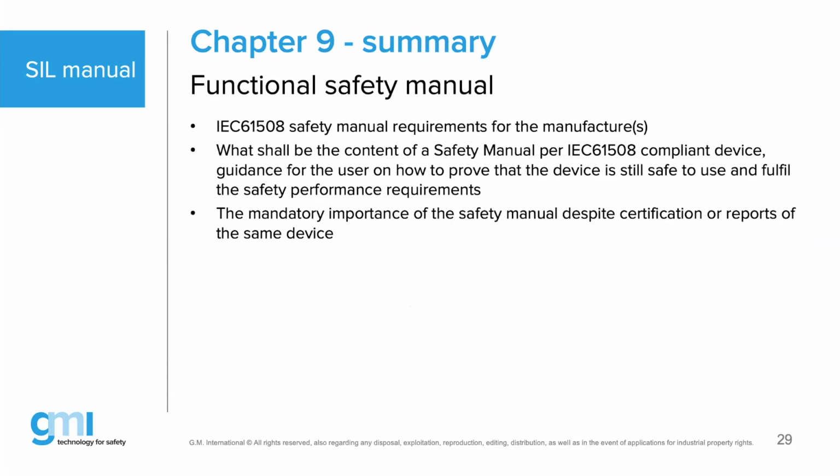They will talk about the life cycle, which will be a V model, etc. And last but not least, and again, I didn't put too much text because I'm saving my content for the webinar of next week. That's the functional safety manual. Now in the book of GMI, and that is why I made the webinar, the book of GMI is only talking about the safety manual in relation to the manufacturer, to the 61508.